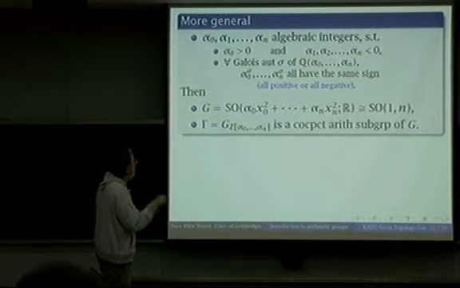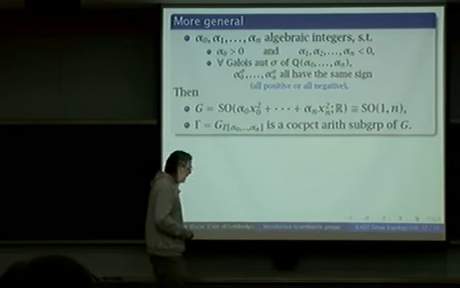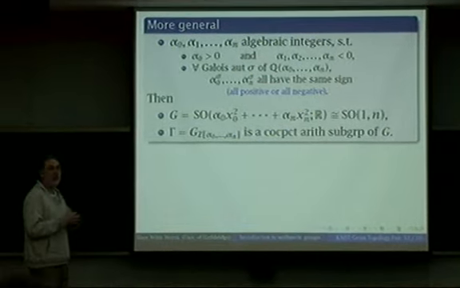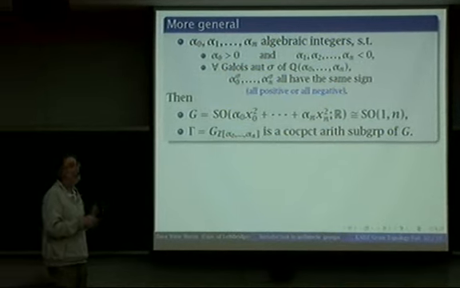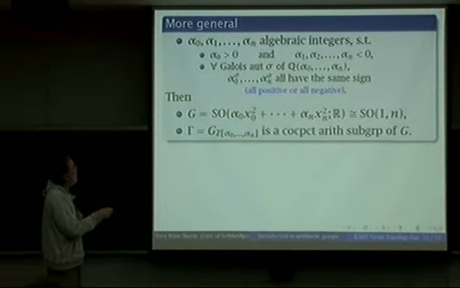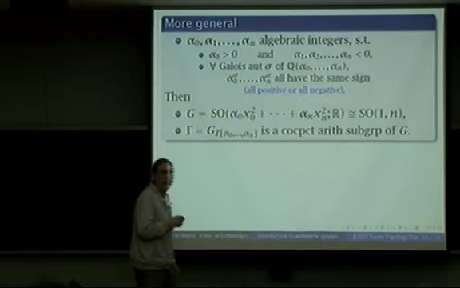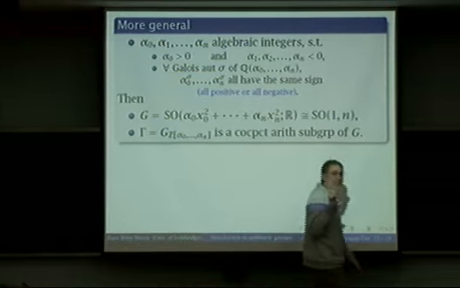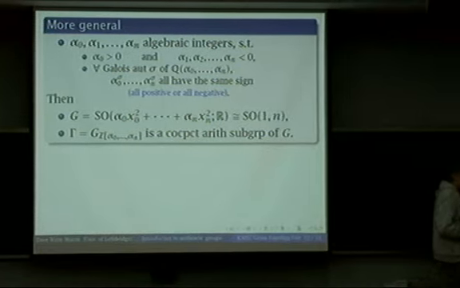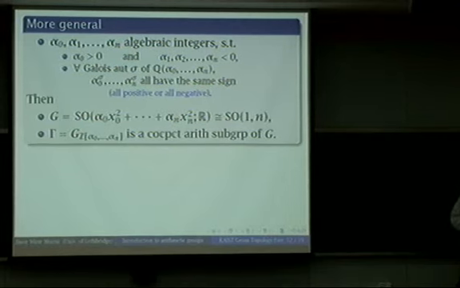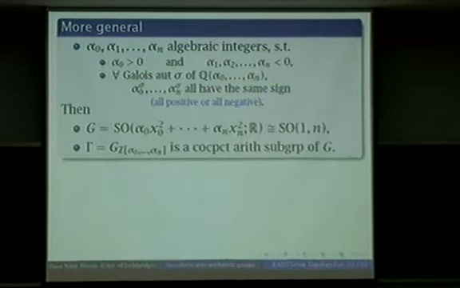It'll always be co-compact if you're having a single Galois automorphism, but if you want to get a hyperbolic manifold, as opposed to some other locally symmetric manifold, then you need to make sure that all of the quadratic forms are anisotropic, are compact. Is that okay? Yeah, so you're absolutely right. We'll get a co-compact arithmetic group, but I thought this audience wanted to see hyperbolic manifolds, and for that you have to make them all compact.